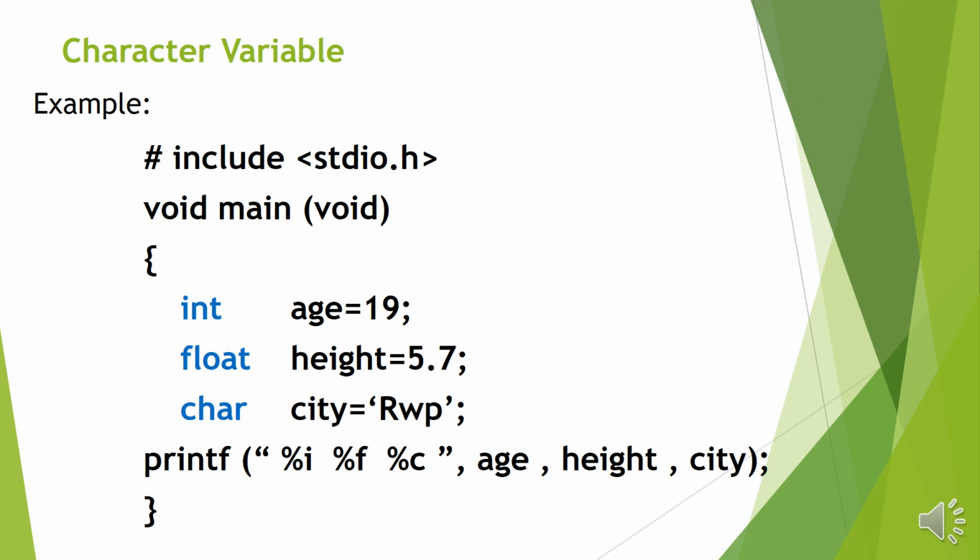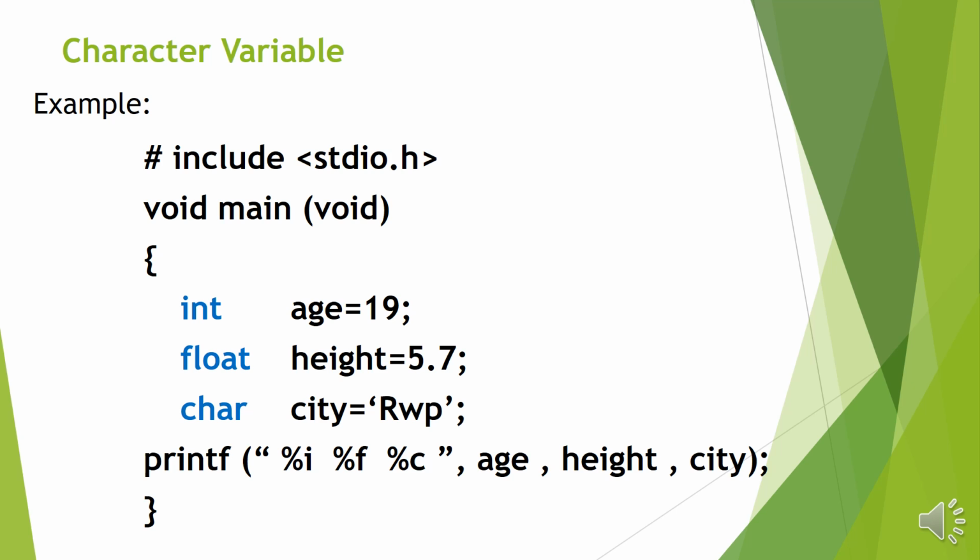Here is a program which will guide you about the data types. #include <stdio.h>, the standard input output library file, void main(void). Here age, height and city are variables. int, float and char are data types. 19, 5.7 and Rawalpindi are values. Age is declared with the int data type, as it stores a fixed number, and the value is 19.